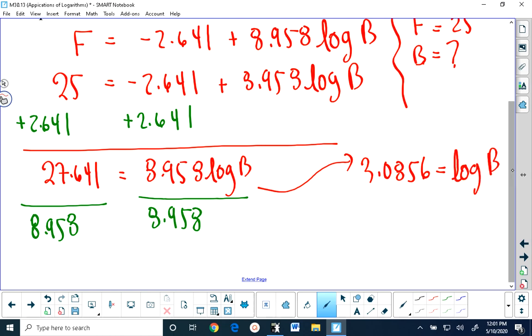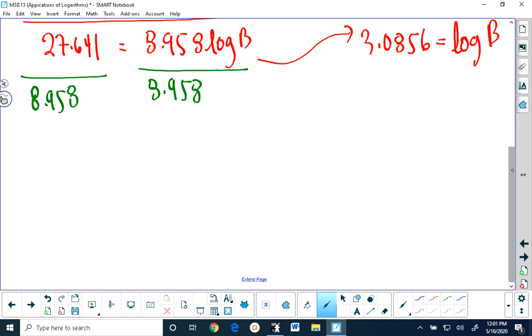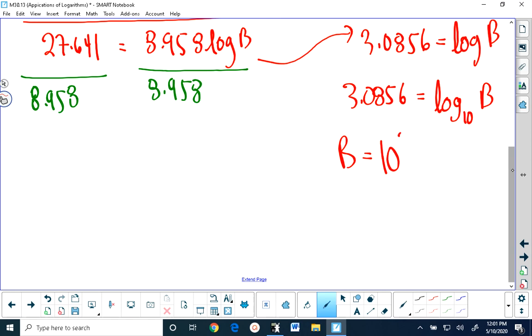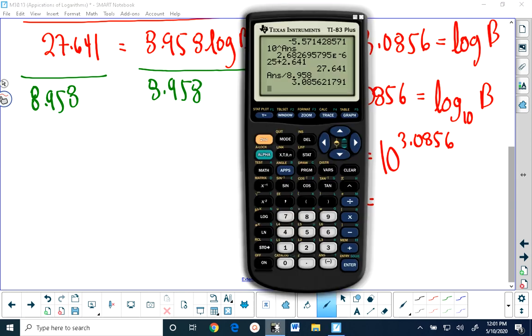Remember that a common log, which you recognize because they don't tell you the base, means a base of 10. And that means that B is equal to 10 raised to the 3.0856, which gives us about 1,218 butterflies.